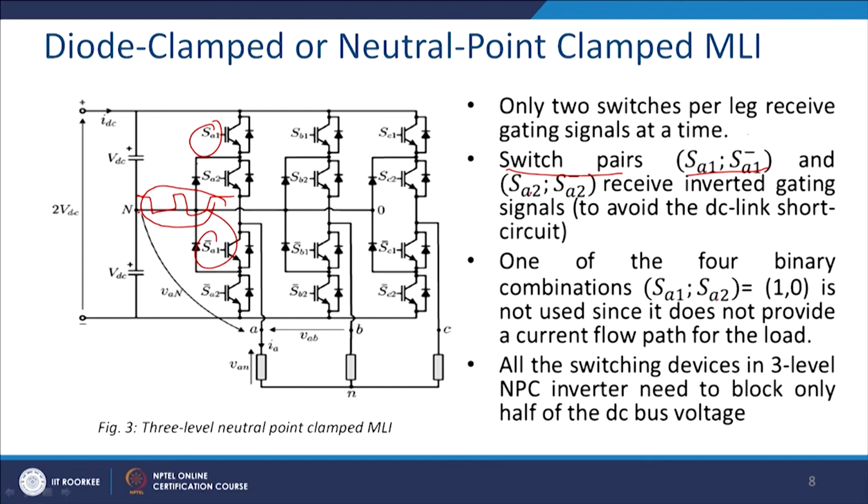All the switches of the 3-level inverter need to block only half of the DC bus voltage, whereas otherwise you would choose a single switch of rating VDC, but instead of that, here you can choose half of the rating. Generally the cost of the switches increases very high with the rating and thus it helps to reduce the switch rating.